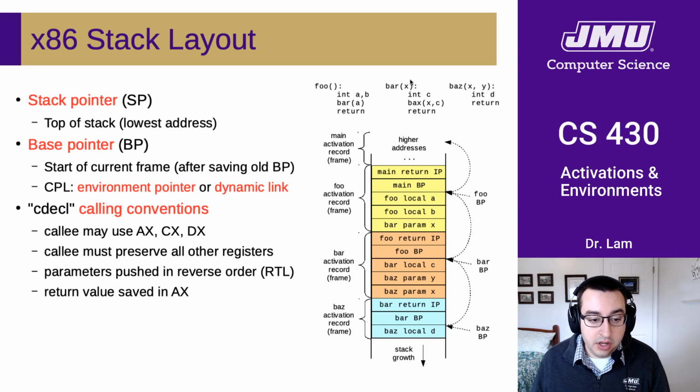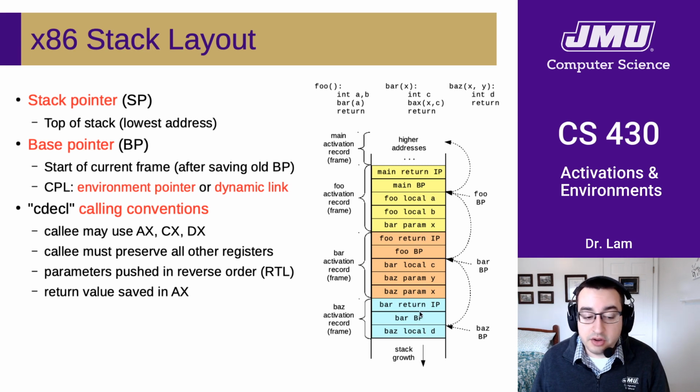So you'll notice here that when bar calls baz, and that's a typo, that should be Z, it passes X and C, but then on the stack, you can see that C was pushed first as Y, and then X was pushed on as X. And then the return value is saved in AX, so we don't need an explicit place in the stack frame for the return value.